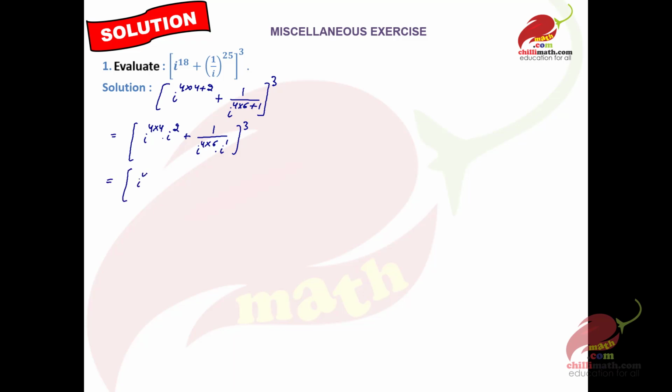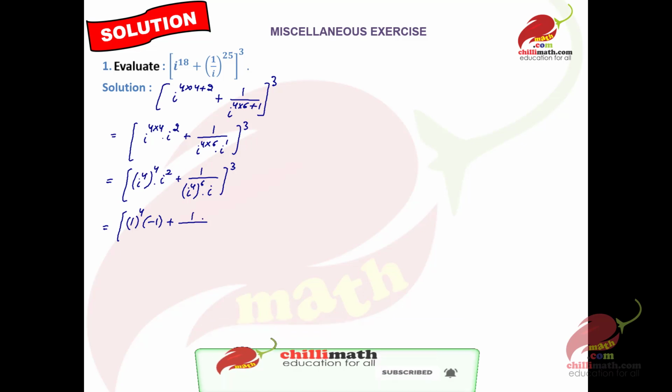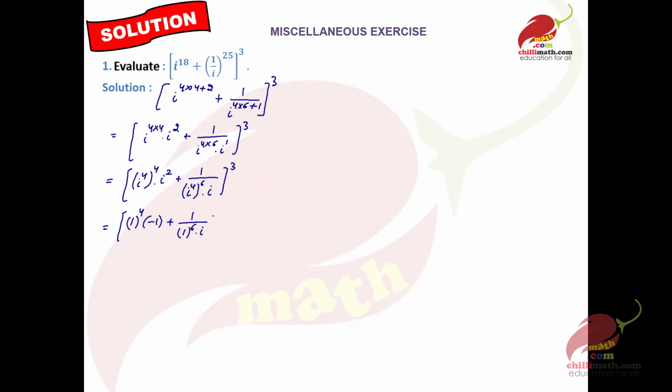Rewriting this, we can write it as i^4 into i^2 plus 1 over i^4 to the power 6 into i, and its whole cube. As we know, i^4 is 1, so 1 power 4, and i^2 is minus 1, plus 1 over i^4 is 1 power 6 into i, its whole cube.